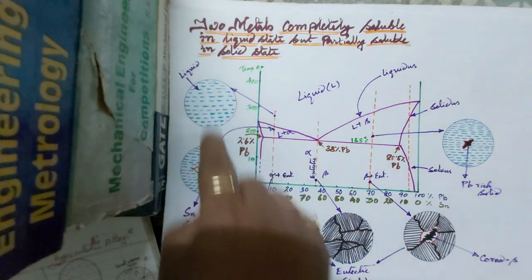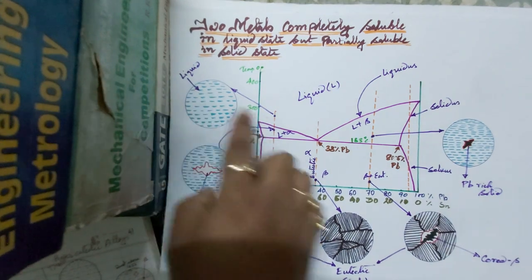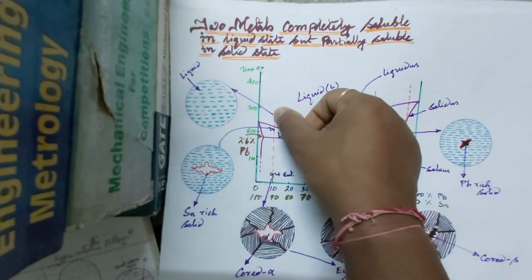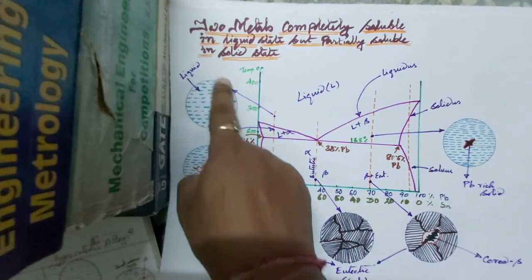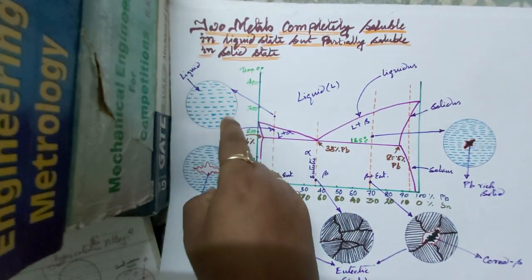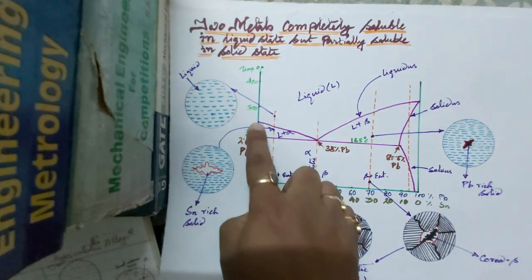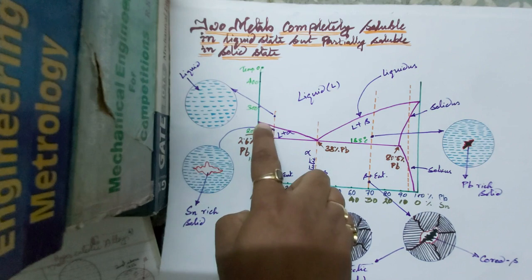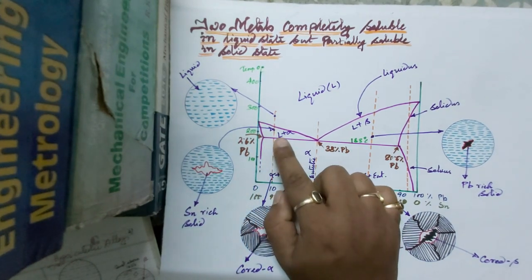So here these are the different microstructures at different places. So this is at this place where we have only liquid phase. So as we have liquid phase, this consists of only liquid phase, and this is below the liquidus line where we have liquid plus alpha.